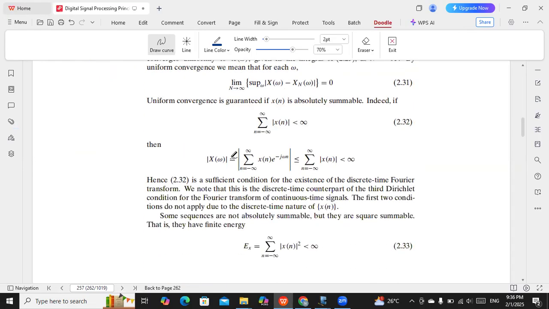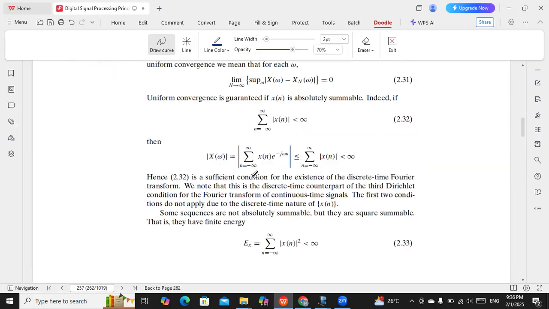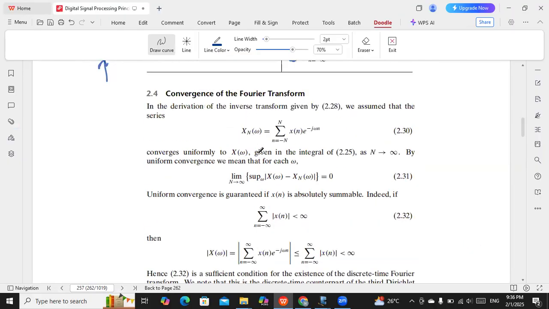So it is very simple, but it is not like in the Z transform. In the Z transform you need to find where the Z converges, the convergence region you need to find, but with respect to the Fourier transform, that is no need.